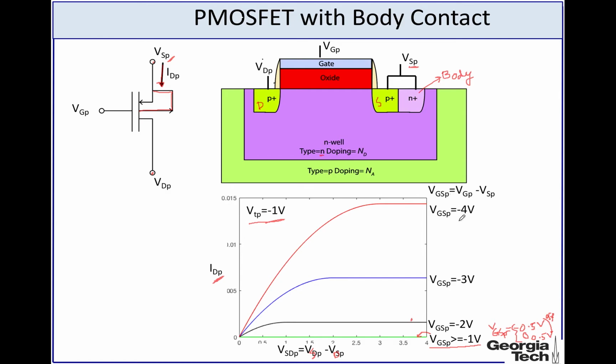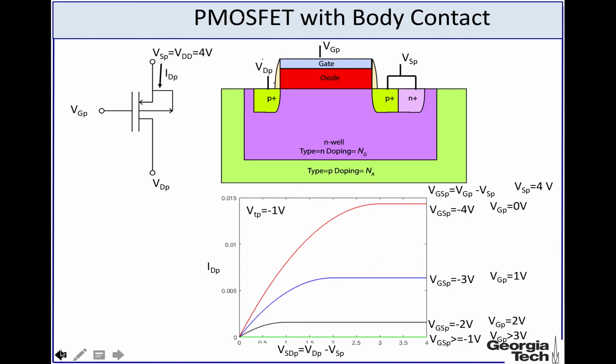And when you go to VGSP equals minus 4 volts, then you get even higher current. And note, VGSP is VGP minus VSP, which means the gate voltage with respect to the source voltage of the P-type MOSFET.